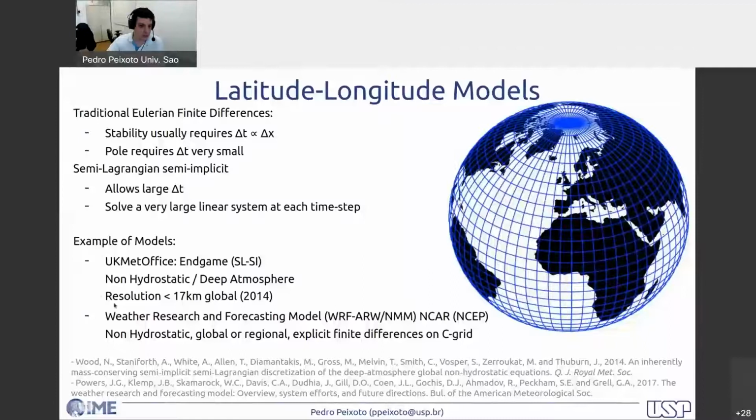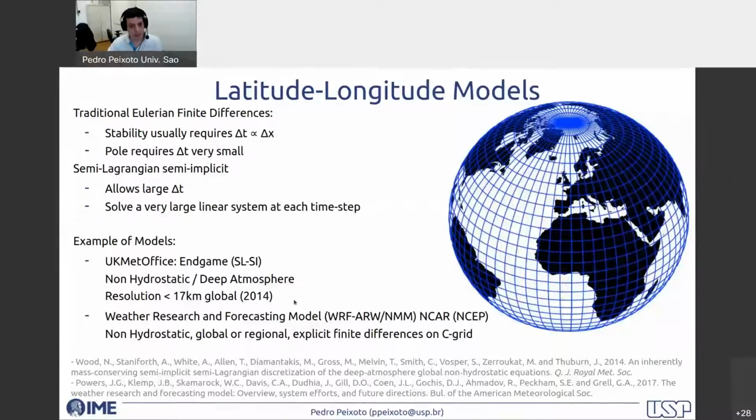One is the current operational UK Met Office production model, which is a non-hydrostatic deep atmosphere. It solves a global resolution of higher than 17 kilometers. It has a higher resolution on top of the UK, and it's a really brilliant model in terms of competitiveness and accuracy and results in terms of weather prediction, and also used for climate simulations.